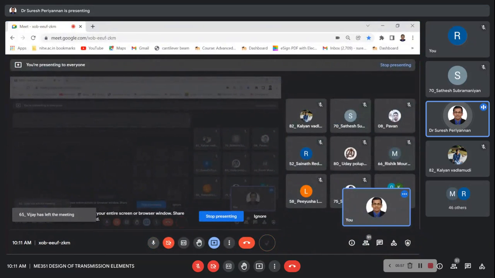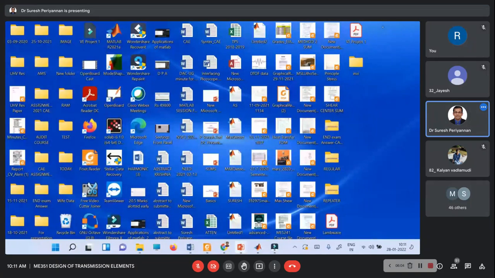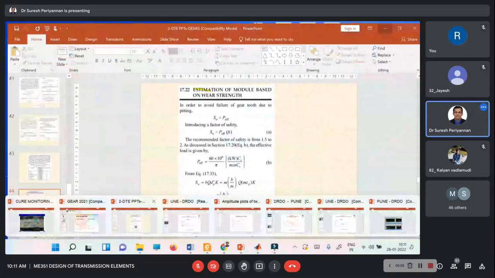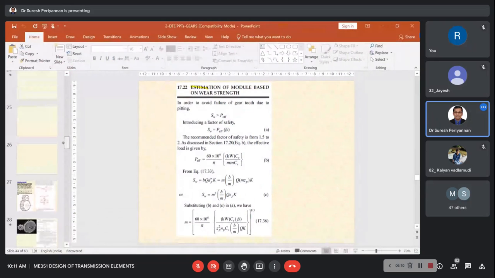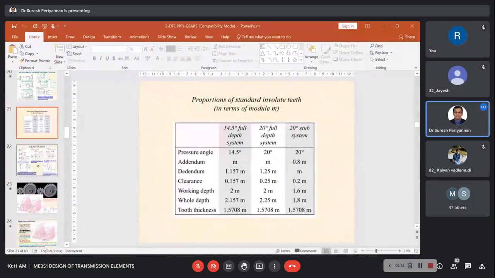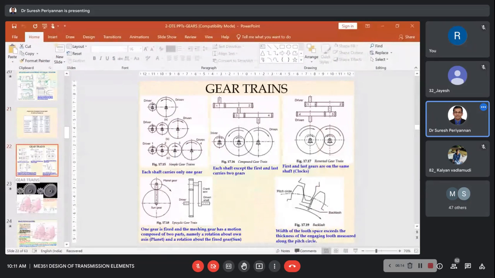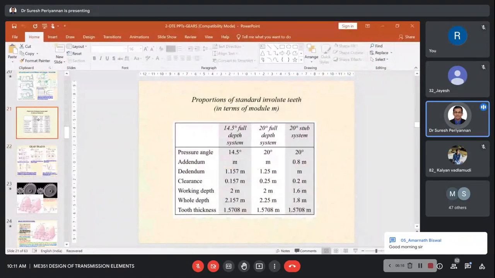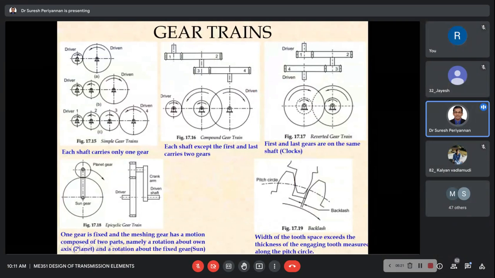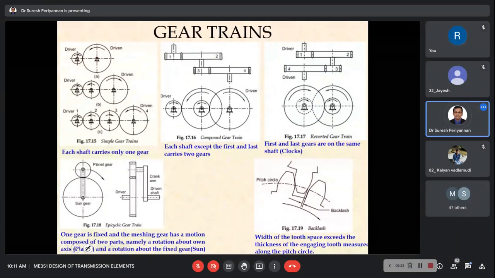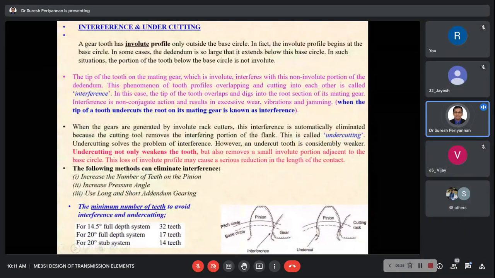Okay, guys, very good morning. Are you able to see my screen? Yes, sir. We discussed gear train yesterday, and we have to start today here.